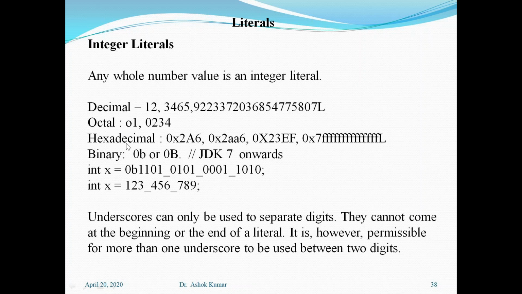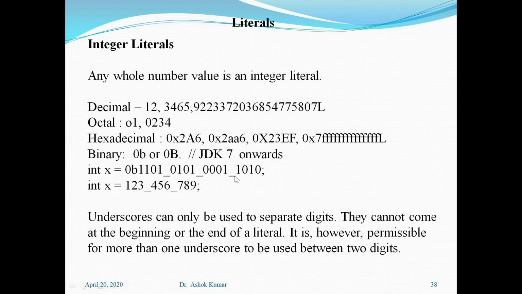And another example I have shown over here. This is another example. You can even separate the digits with the underscore as well. So 0b indicates that this is a binary number. The binary number is 1101.